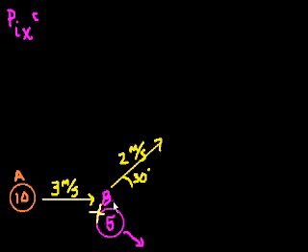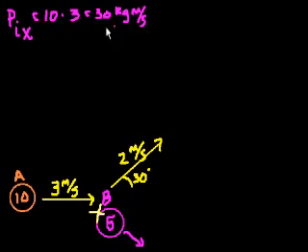Ball B has no initial velocity, so it has no momentum. Ball A is 10 kilograms, and all of its velocity is in the x direction, so it's 3. So the momentum in the x direction is 30 kilogram meters per second. Mass times velocity.